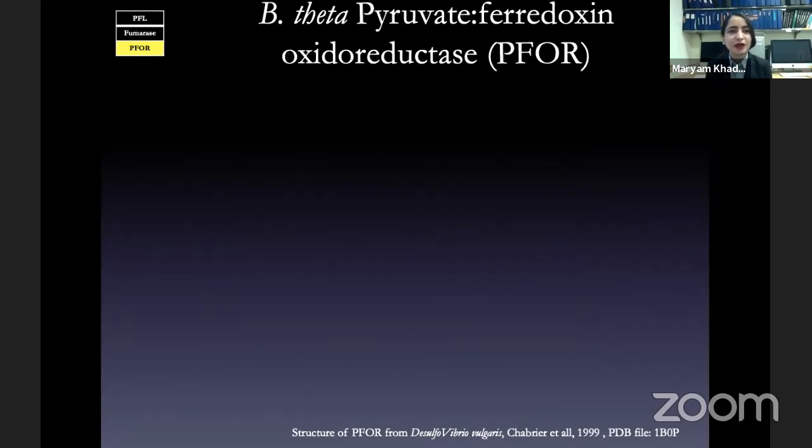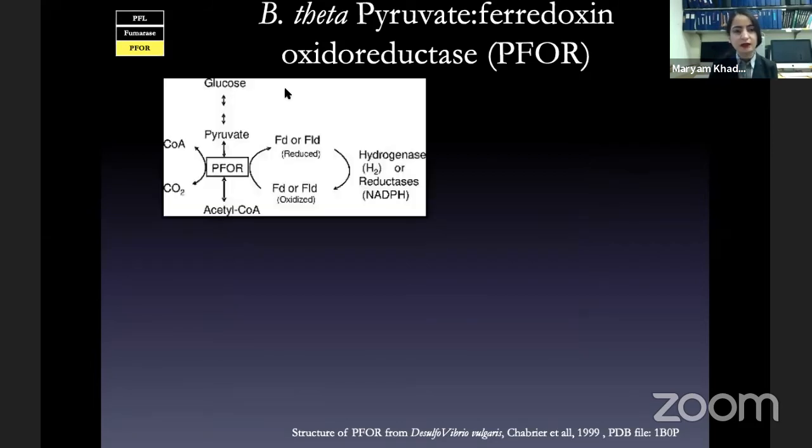Now, I talked about PFL. I talked about fumarase. The third enzyme is PFOR, or pyruvate ferredoxin oxidoreductase. PFOR converts pyruvate to acetyl-CoA. It produces CO2. It produces reduced ferredoxin that can then, in turn, be oxidized using enzymes such as hydrogenases or RNF.